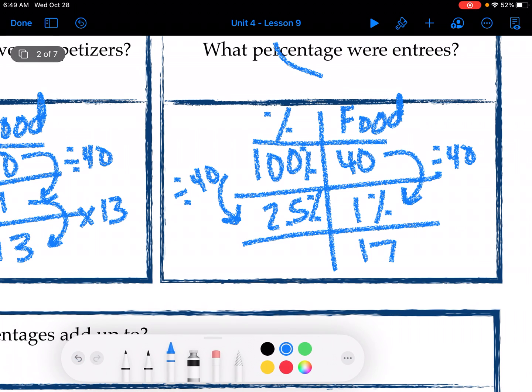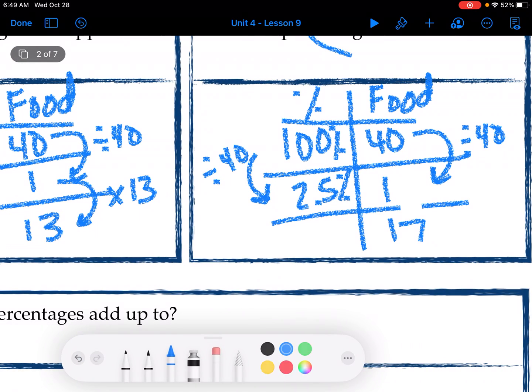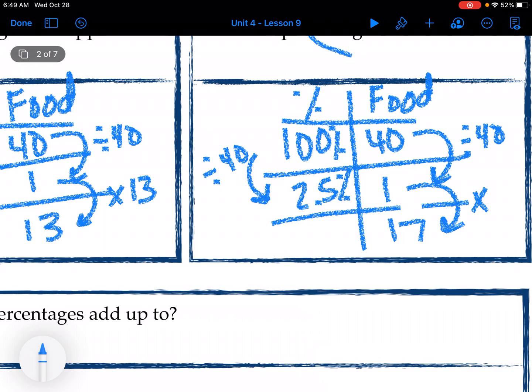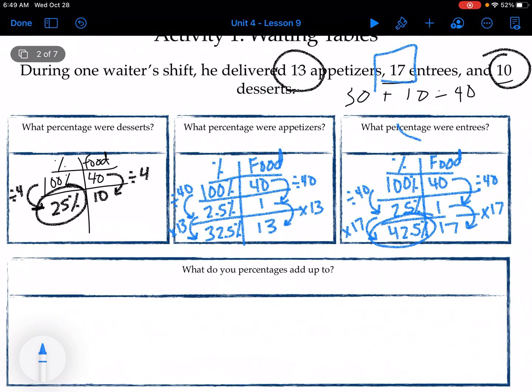That shouldn't have a percentage next to it. So I'm going to multiply by 17. So 2.5 times 17, I get 42.5%.